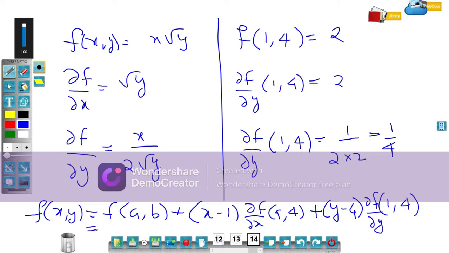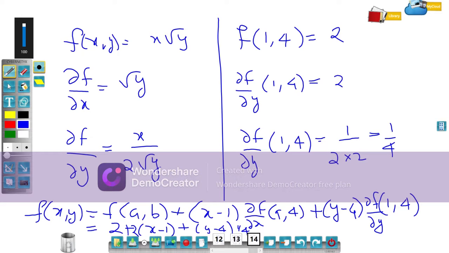So let's substitute this value. f at (a, b) turns out to be 2, plus (x minus 1) times ∂f/∂x at (1, 4), which is 2, plus (y minus 4) times ∂f/∂y at (1, 4), which is 1 by 4.